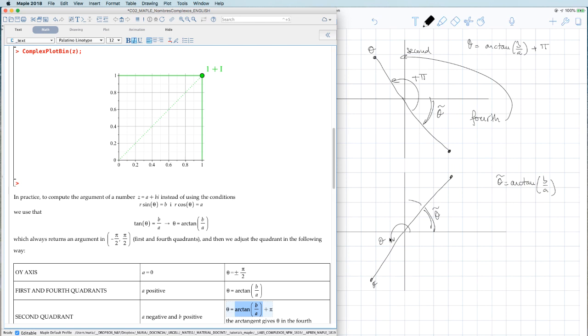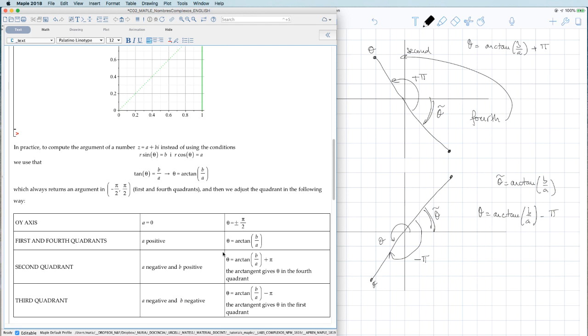So what I have to do is, I can add pi, but if I add pi, I'm not going to have the principal argument. So what I'm going to do is subtract pi. So I'm going to subtract pi. So my theta is going to be the arctangent minus pi.